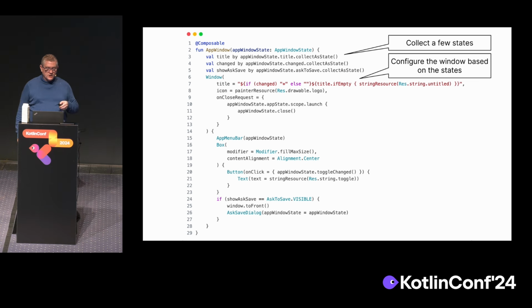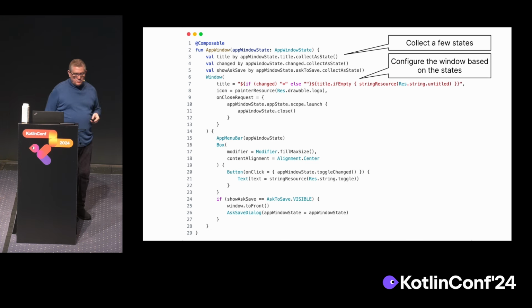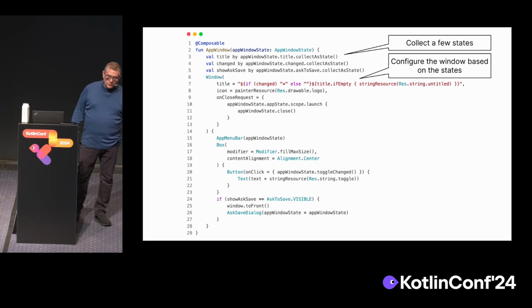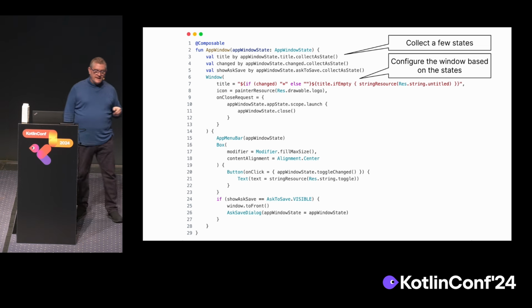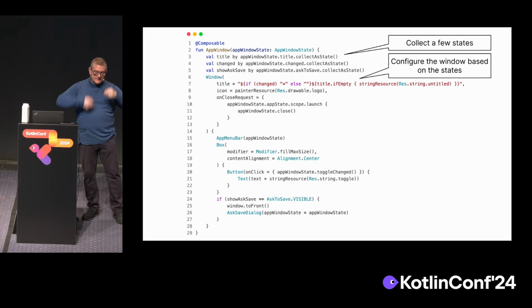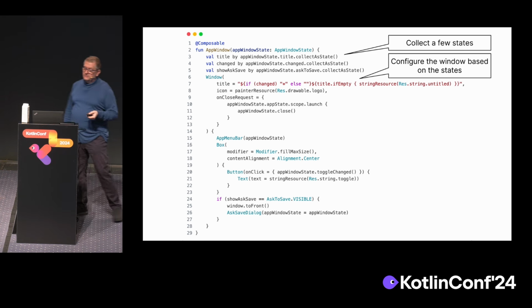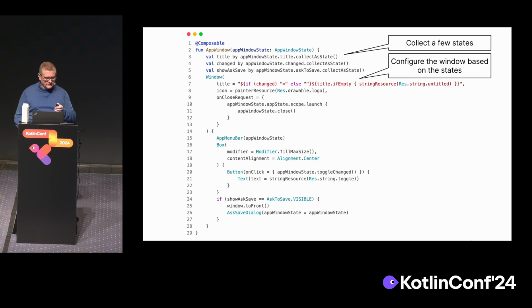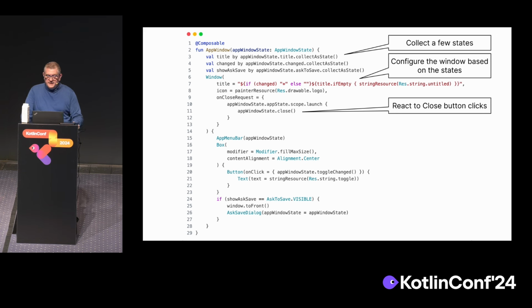Can't go into too much detail, but it is best practice to show the title of the document in the window title, and if the document has been changed, this is marked accordingly, for example, by adding some symbol like the asterisk or adding a text saying edited or something like that. That's what we are doing here. And here we are reacting to close button clicks. So as you can see, we are invoking just a function inside my AppWindowState. Again, you'll be seeing this code shortly.